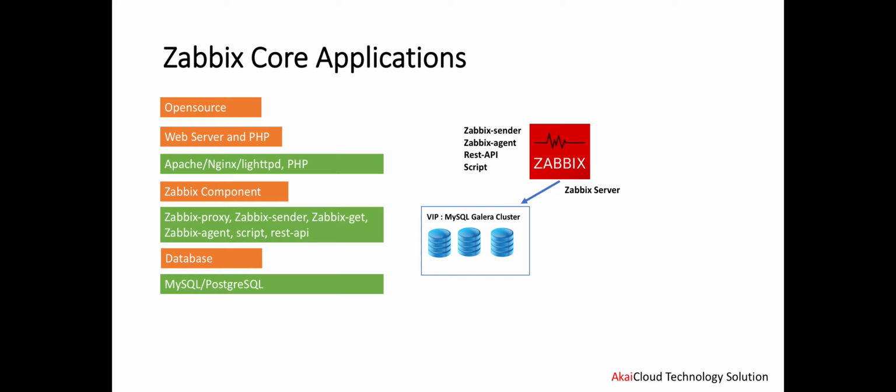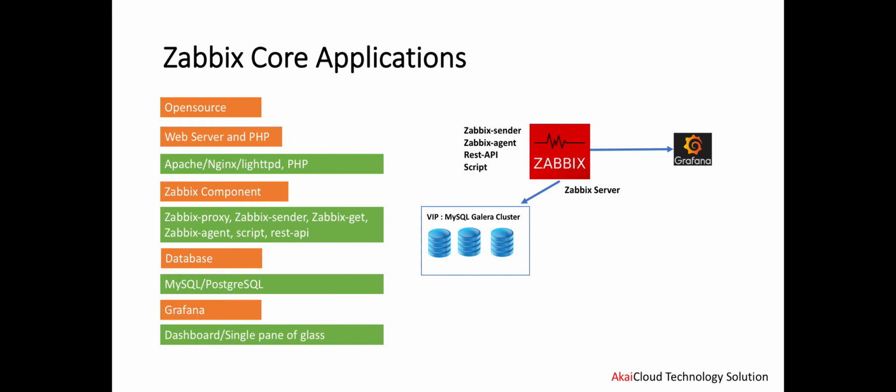Then for the dashboard, Zabbix actually has a native dashboard. The dashboard in version Zabbix 4.2 is much better than 4.0. Then they also released the next generation of Zabbix, which has more flexibility and a better UI than the old version.